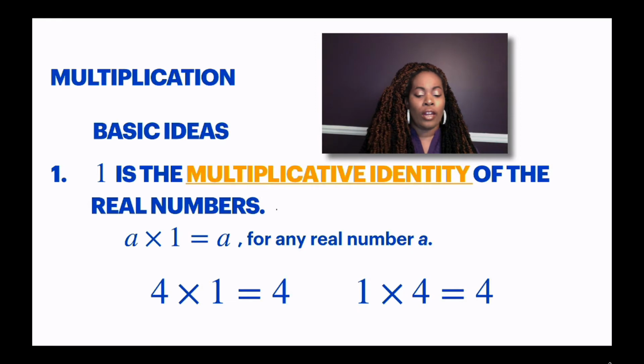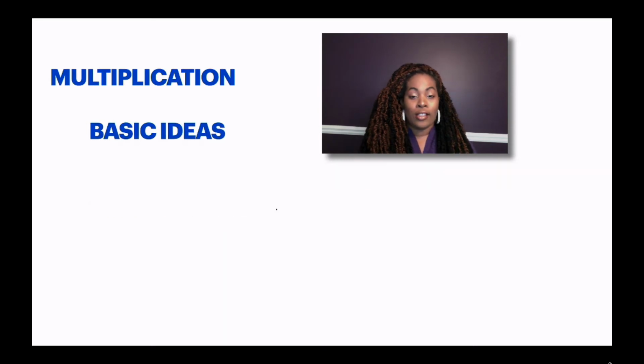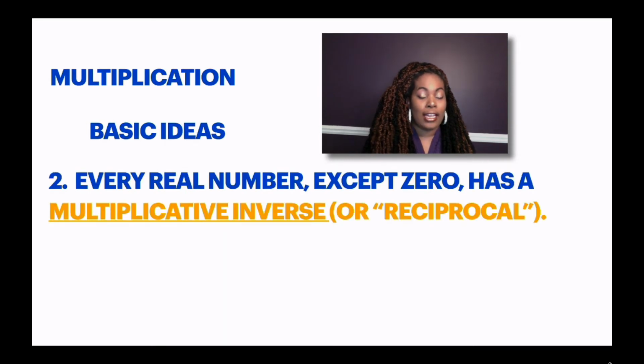So if we look at a real life example, it's like this. 4 times 1 is equal to 4, and then 1 times 4 is also equal to 4. So when you multiply anything times 1, you get that same number, such as 4 times 1, and it gives you 4, okay? So let's talk about another basic idea.